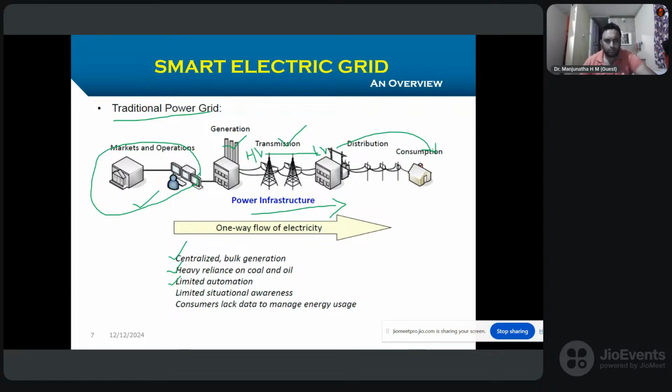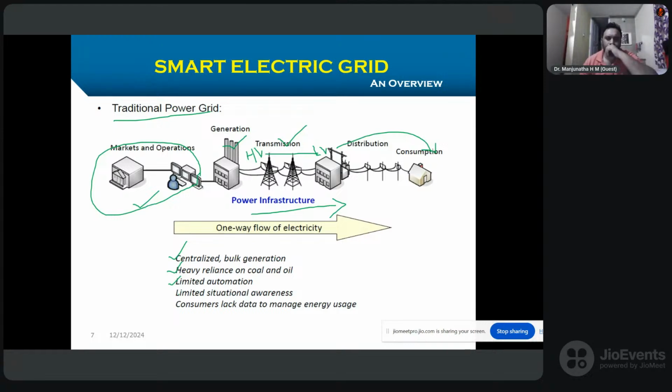I'm not saying that awareness is not there in the system, because our circuit breakers operate based on the inputs from the relay, and the relay takes its decision based on voltage, current or frequency, whatever it is. But the information available with the relays is limited.